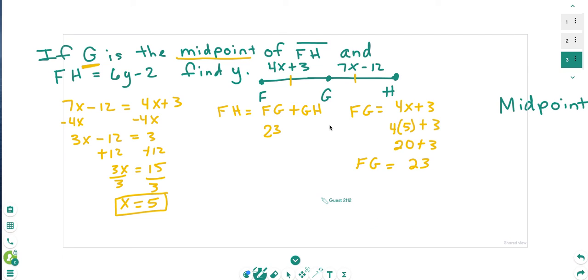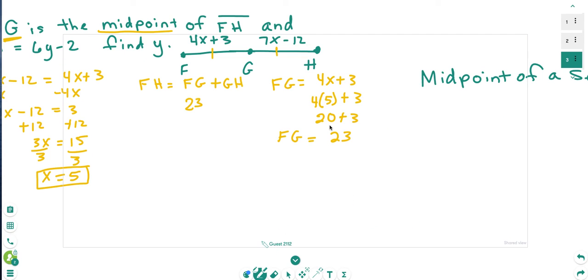Now I'm going to find GH. GH is equal to 7x minus 12. I'm going to use my substitution property, put in my 5 for my x. I'm going to have 35 minus 12, which is also going to give me 23, which would be correct because these two line segments are congruent, so these two values should be the same.